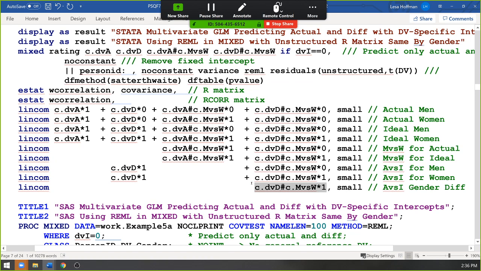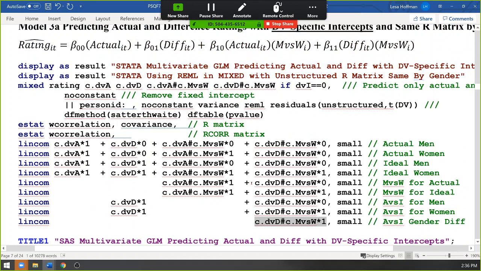Now, what would happen, do you think, if I decided to try and predict all three simultaneously? Put all three outcomes in: actual column, ideal column, difference column.